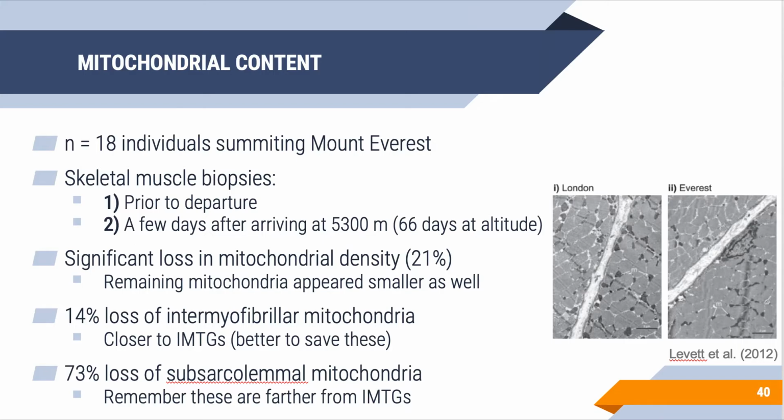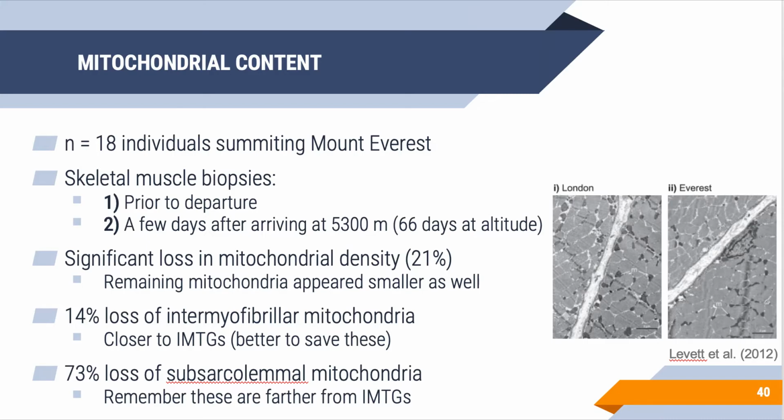What's important about this is that the actual localization of the mitochondrial losses were targeted towards the subsarcolemmal mitochondria. So we actually see a 14% loss of intermyofibrillar mitochondria. Remember that those are closer to the intramuscular triglycerides, meaning it's more important that we actually have more of those remaining.